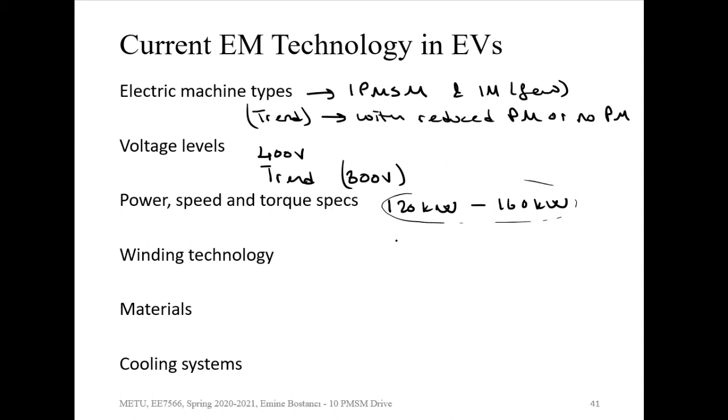Speeds tend to increase, now we have seen some vehicles with 17,000 RPM. You can say that now there is a range between 13,000 and 17,000. We don't expect a big increase in the speed because mechanically it is going to be very hard to increase the speed.